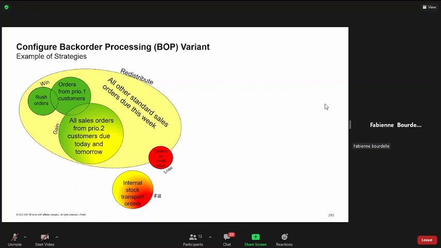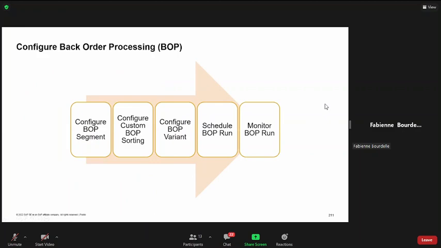Okay, this is very easy here on the slide. This is an example, but it can take time to discuss this, and then the next step is, of course, configuring the system. So first of all, you will have to configure the so-called backorder processing segments.